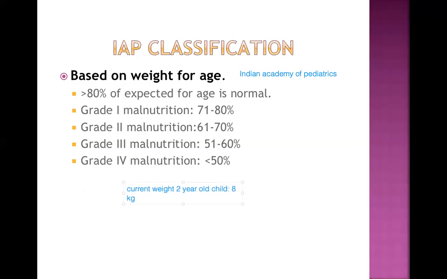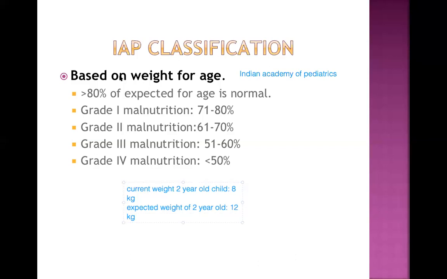Now, what is the expected weight of that child? How much did you get just now from the chart? 13. Let's say almost 13 kg. Okay, it's easier for us, let's say it's 12 kg. Yes, it was almost near 13, but for ease of calculation, I'm making it 12, because it is easy for us to calculate.